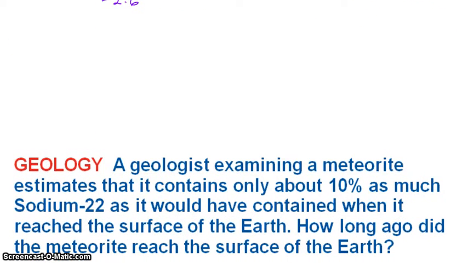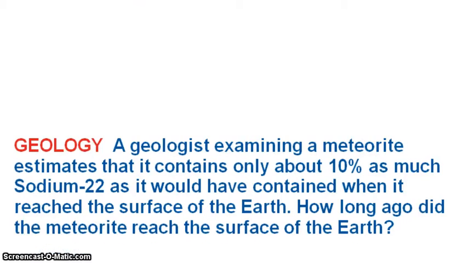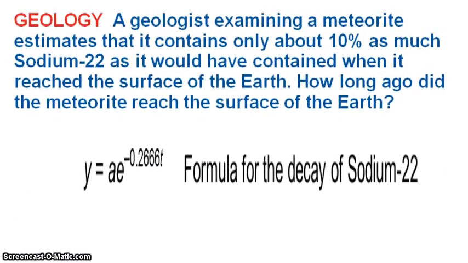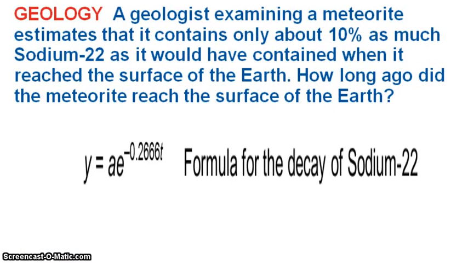So, very similarly, if a geologist was looking at a meteorite that only had 10% of the sodium-22 as it probably contained when it reached the surface, how long ago did the meteorite reach the surface of the Earth? Well, we can use that formula we just found to figure it out.